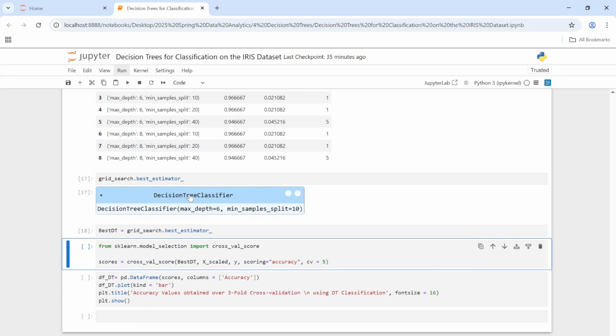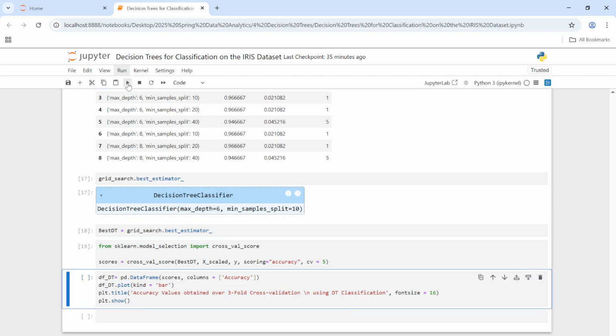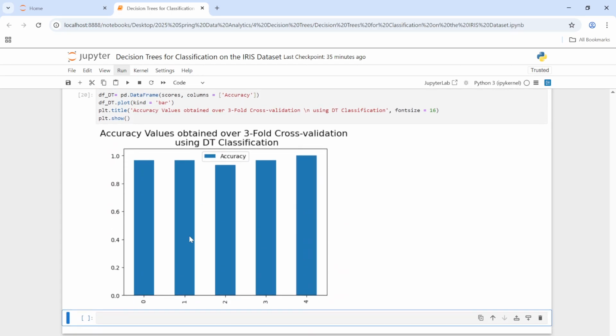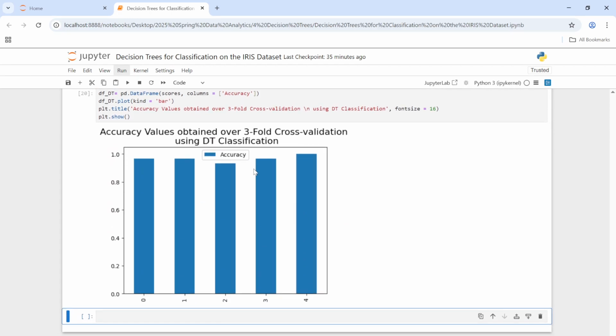We're going to now just confirm that this indeed is the best estimator, in the sense that we want to apply this to the entire data set again and make sure that its performance across all of the five folds is pretty much the same. And so if you look at the accuracy obtained with five-fold cross validation using the best decision tree, you can see that the accuracy of each one of the five splits, five decision trees across the five folds, is pretty much the same.